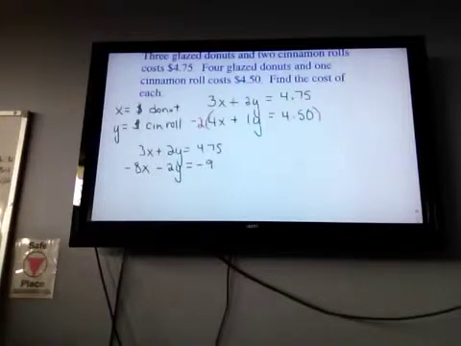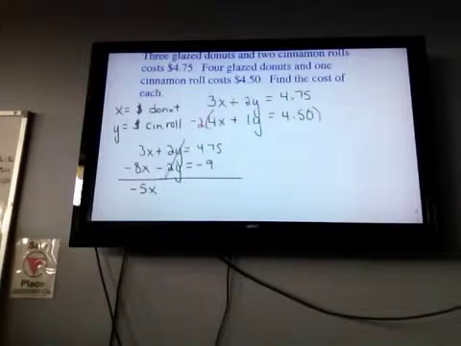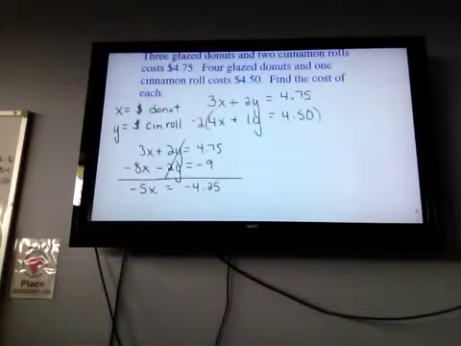I need my calculator today. Okay, so let's add 3 and minus 8 gives me negative 5x. My y's are eliminated just as we planned. And 4.75 minus 9 is a negative 4.25. Divide by negative 5.